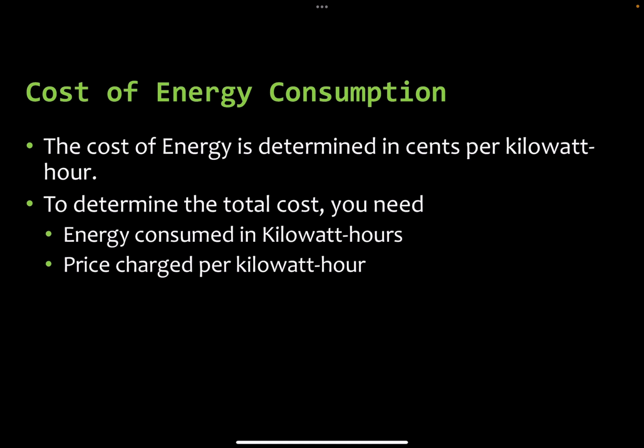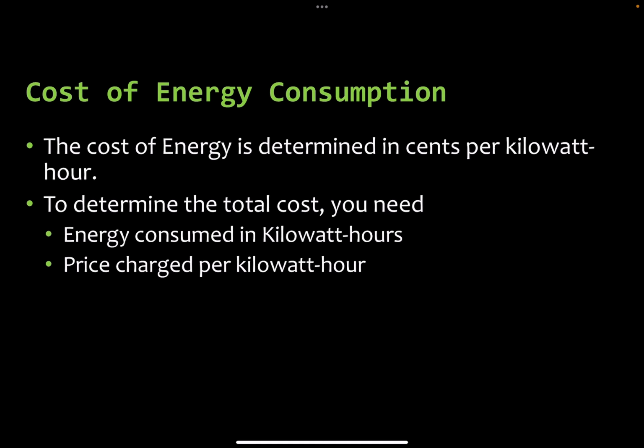So I try to use my dryer or dishwasher either before 1 or after 8. One of the simulations you're going to do is see which items are more costly in your house. You can probably guess what those are, but we'll have a discussion about that in person.